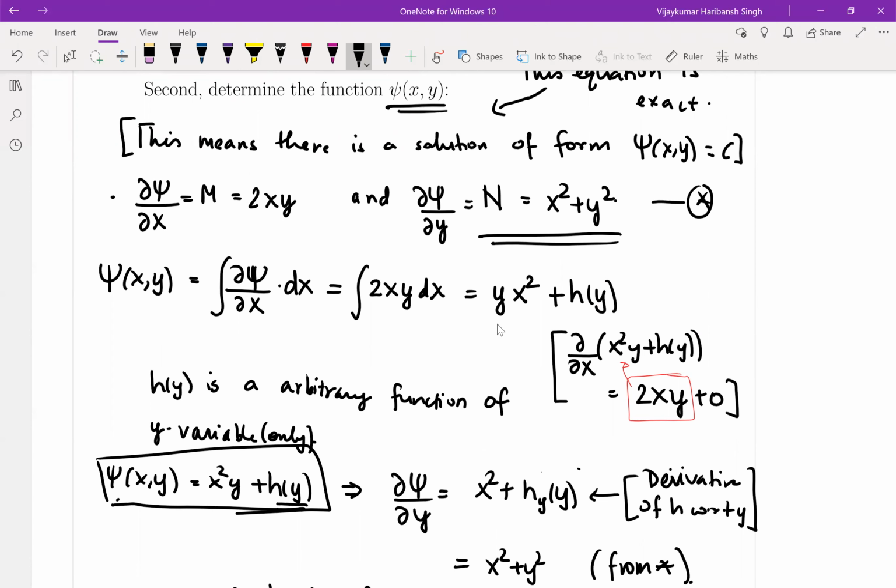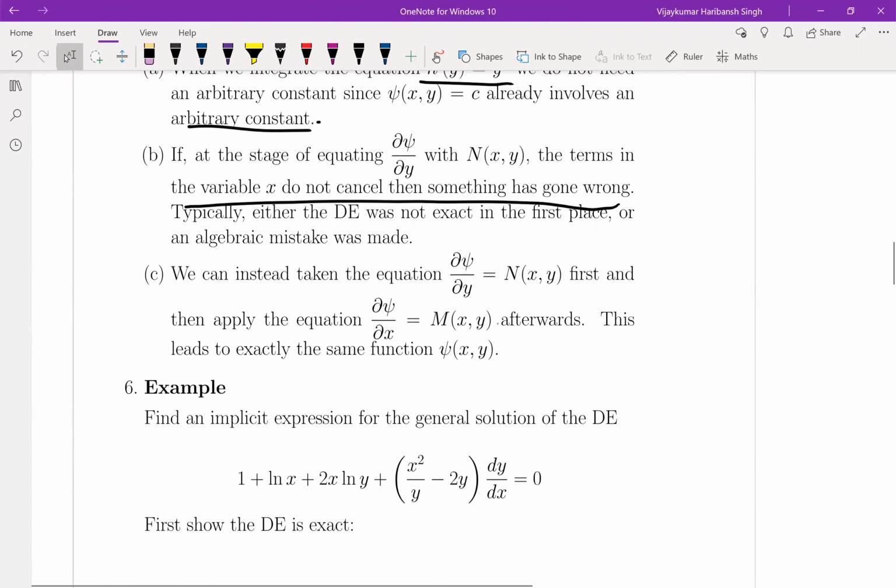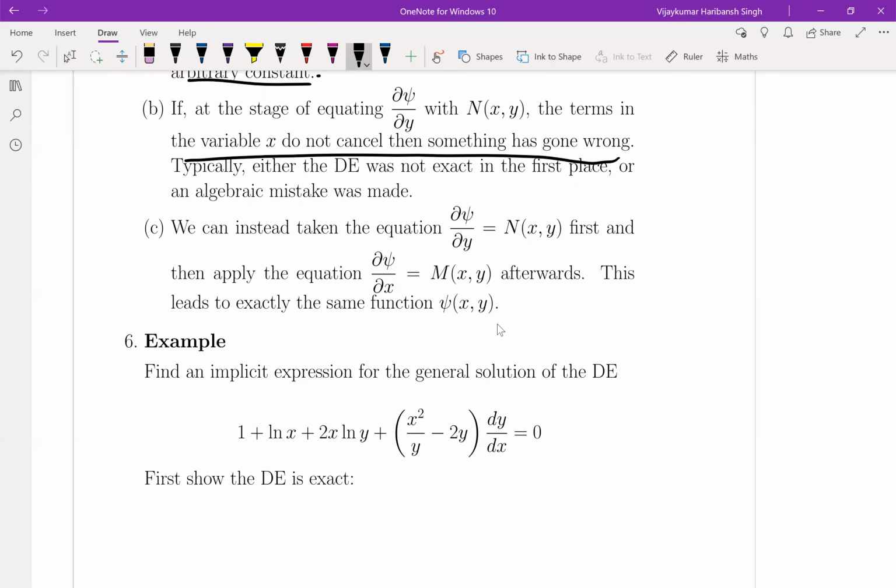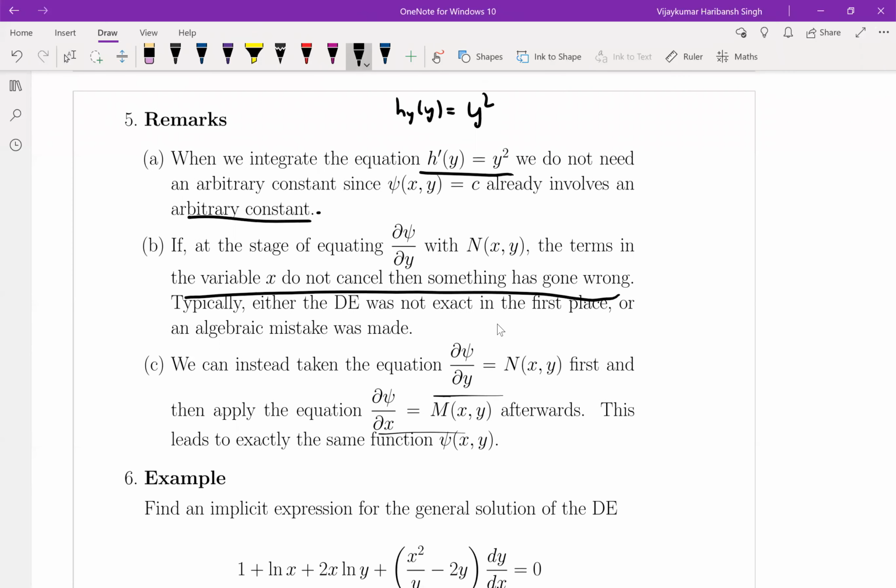You could have started with integrating n with respect to y as well, and then applied this rule. This will lead to exactly the same function. So the algorithm is pretty straightforward. First you have to check if the equation is exact, and if it is exact, then you have to employ the technique mentioned in part C.